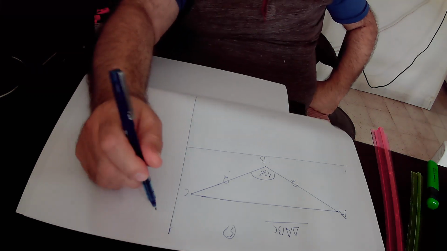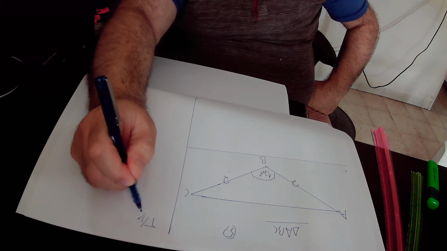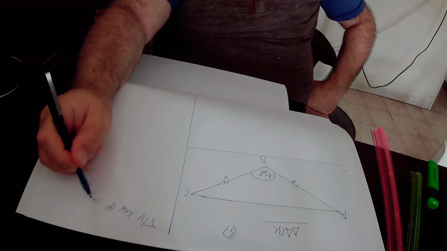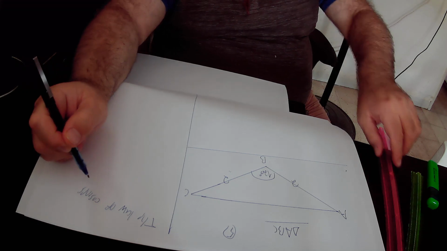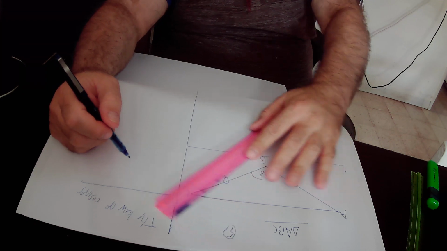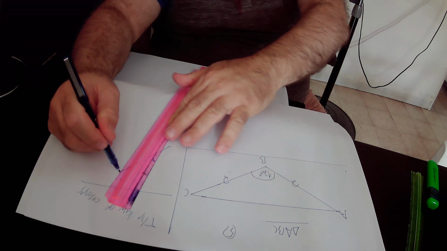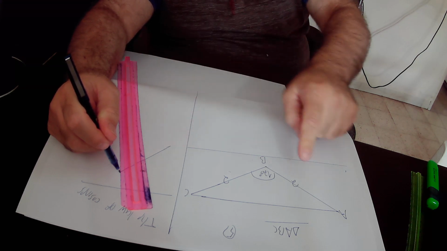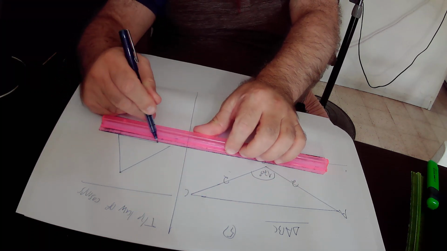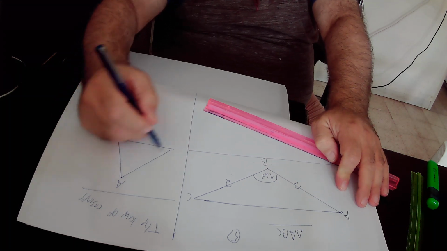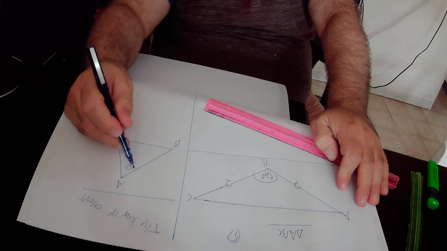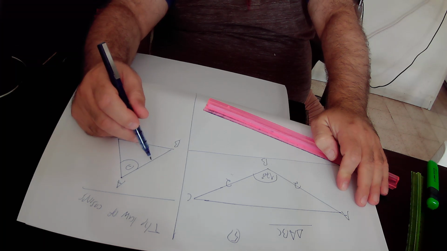According to the law of cosines, which is true in any triangle, if we have triangle ABC, that could be any triangle, not necessarily this triangle, the angle between side AB and side AC is theta.